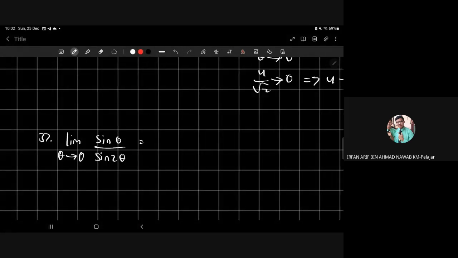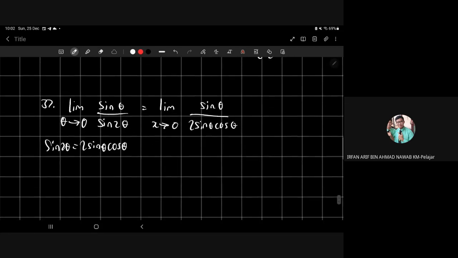From here, we know that sine 2 theta has the identity where it can be evaluated as 2 sine theta times cosine theta. So we could resubstitute sine 2 theta as 2 sine theta cosine theta.